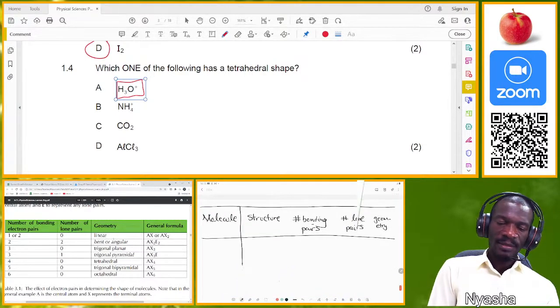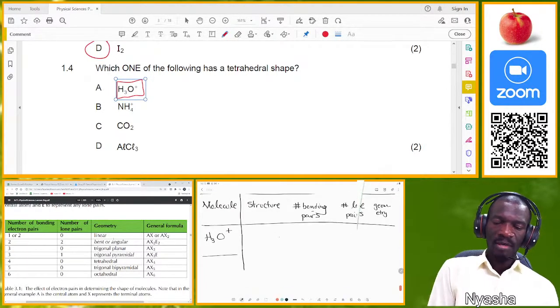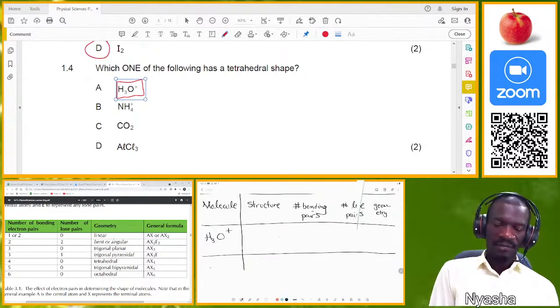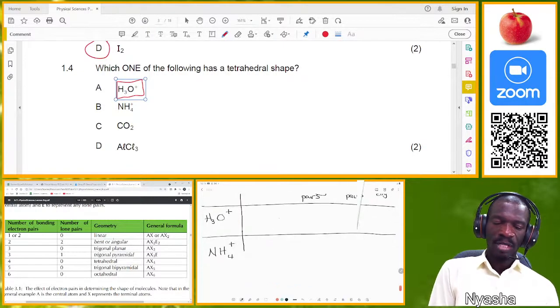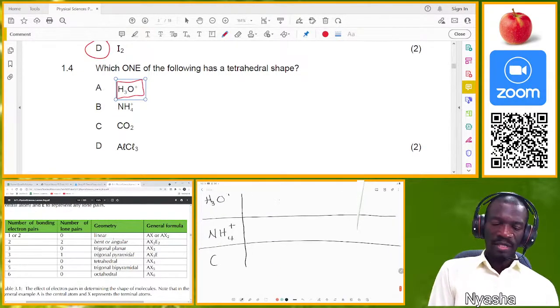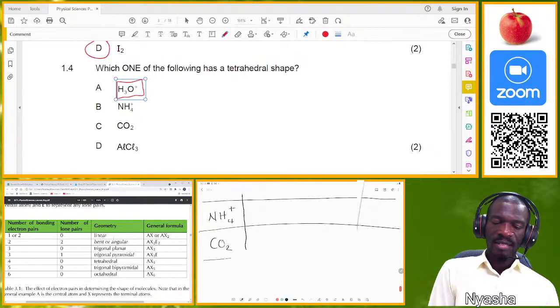So in this table, we will just have the first molecule. It's our H3O hydronium molecule. In the second part, we will have the ammonium compound. The third, we will have a carbon dioxide molecule.